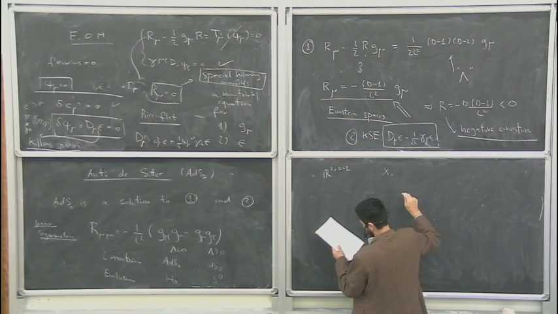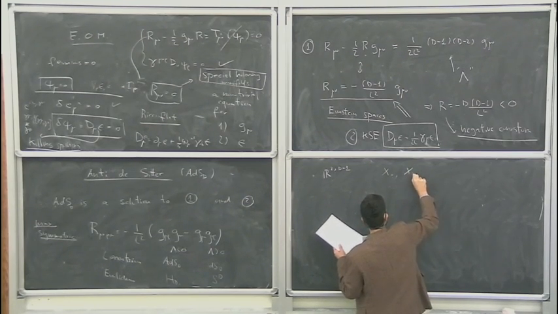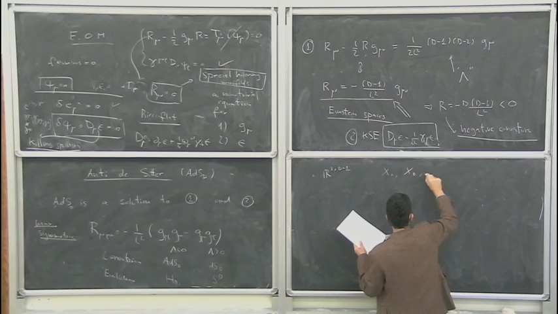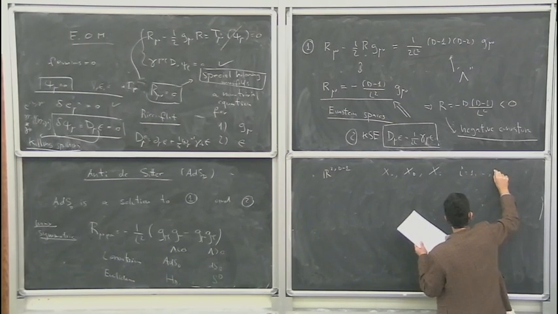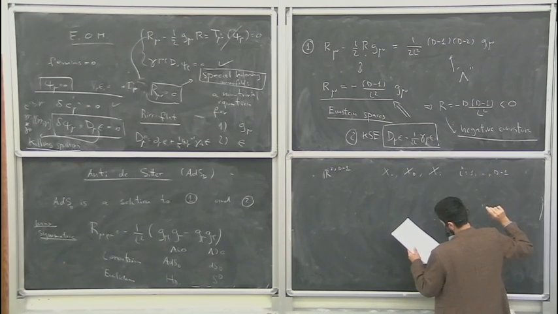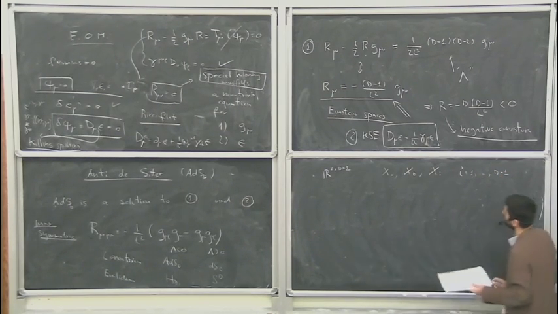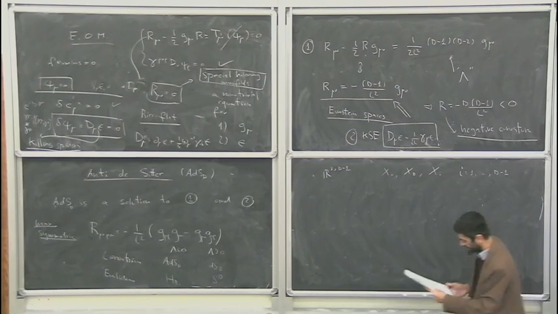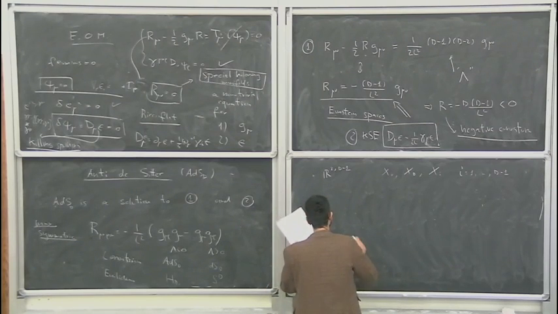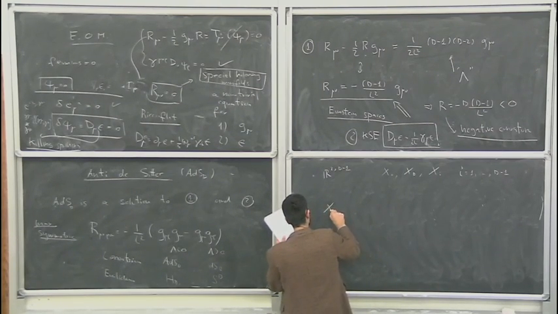Let's call them x0, x_d, and x_i, where i goes between 1 and d-1. Okay, so these are d+1 coordinates. And I can write an embedding equation as follows.